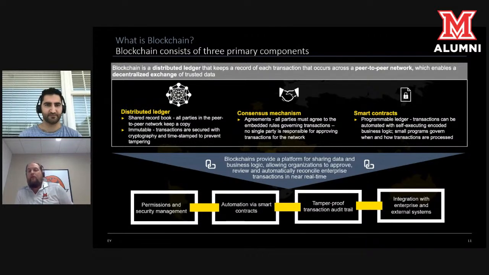Yeah, from an organizational and business perspective, we now have a platform for sharing data and business logic between external parties in a trusted manner. And one of the big implications here is we've essentially gained the ability to reconcile business to business transactions in near real time.